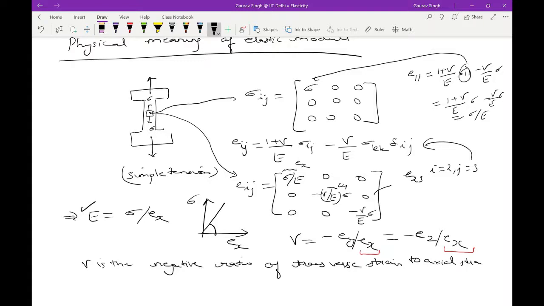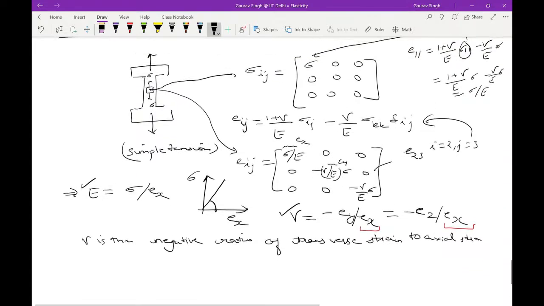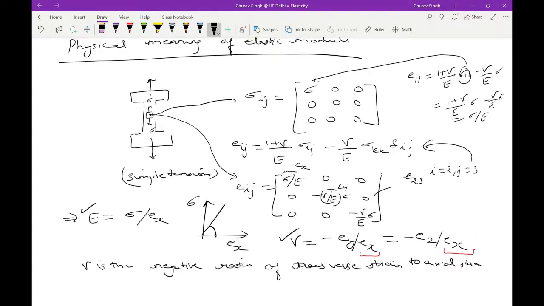Okay, both of E and nu can be found out, and as you know, once you find out these two properties, these are the only two independent constants for an elastic isotropic material, and hence now you can use these properties in any sort of complicated test or situation which you want. So this is used to characterize the material. You say that these are the elastic properties of this particular material. Okay, fine. So that was the so-called first part.